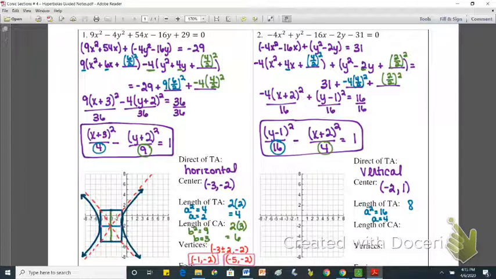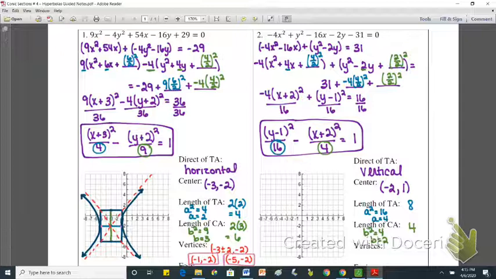Here, my conjugate axis, b squared equals 4. So b equals 2. 2 times 2 is 4. So my vertices are going to go back to my center. Since it is vertical, my y's are going to change.